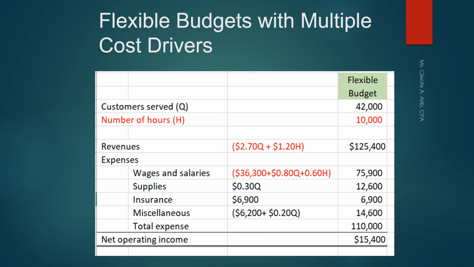So applying the cost formula with your actual cost driver, it will give us wages and salaries of 75,900. So our adjusted flexible budget net operating income is 15,400. Paano nakuha yan? Just get the difference between your revenues of 125,400 and your total expenses of 110,000.